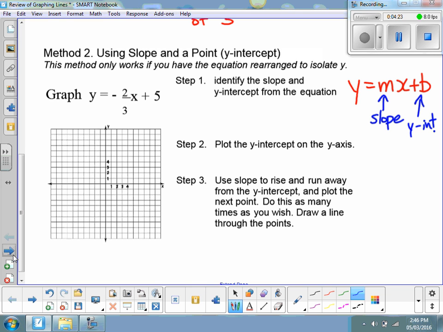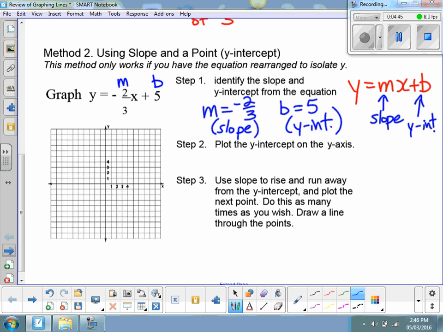So from the equation that we have here, there's our m, and there's our b. So m is equal to -2/3, and that's my slope. And b is equal to 5, and that is my y-intercept.